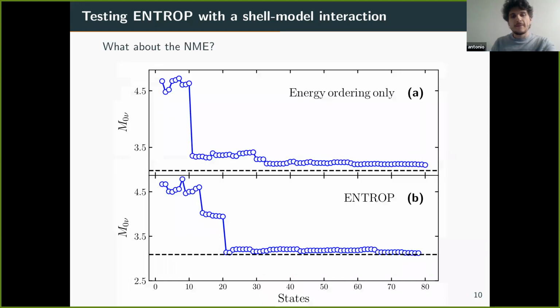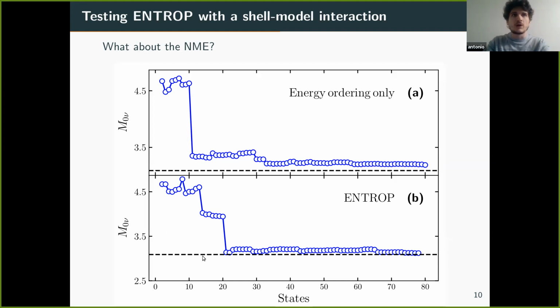And then we can see in that plot that convergence with the states selected with entropy is actually very, very good. So after 20 states selected, we can see that the total matrix element has already reached the full value represented by the dashed line. This dashed line is the full value computed using all the 184 states in germanium and in selenium.